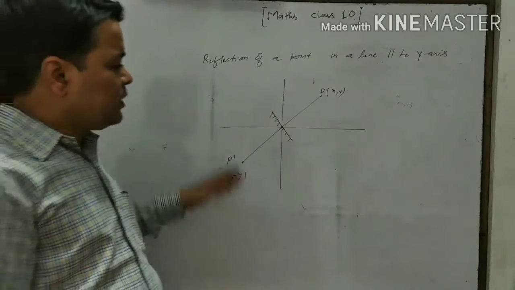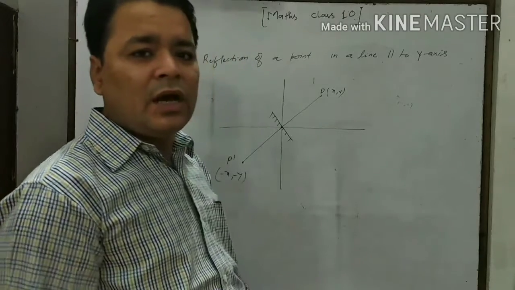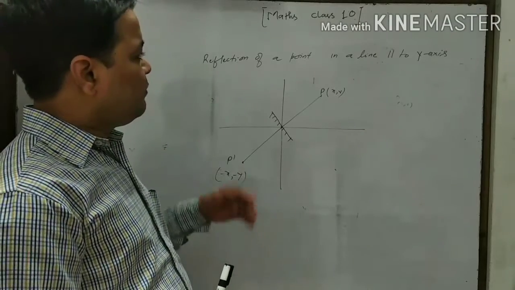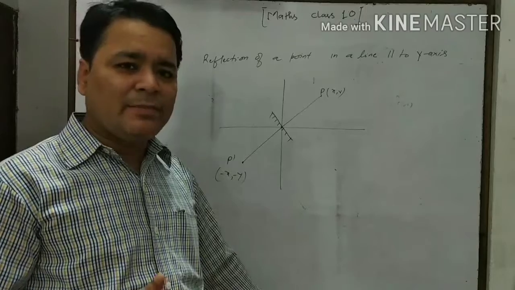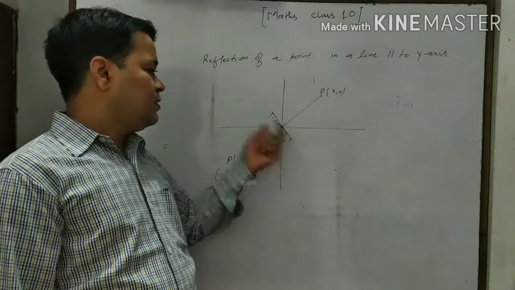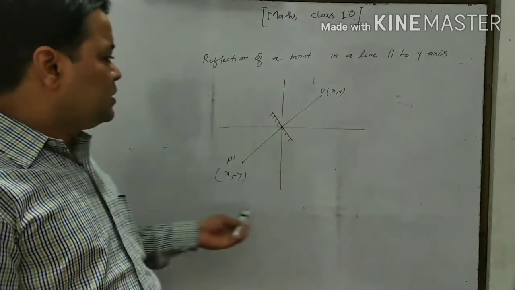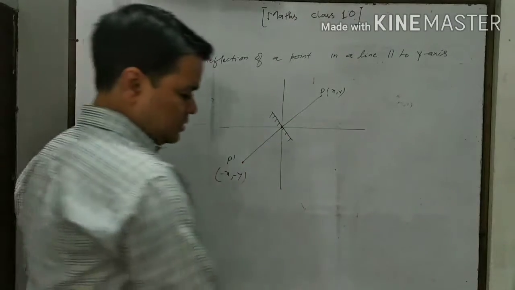In this way we can change the coordinate of the image according to the reflection in a line: x-axis, y-axis, parallel to x-axis, parallel to y-axis, or the origin. According to that situation, the coordinate of the image will be changed.